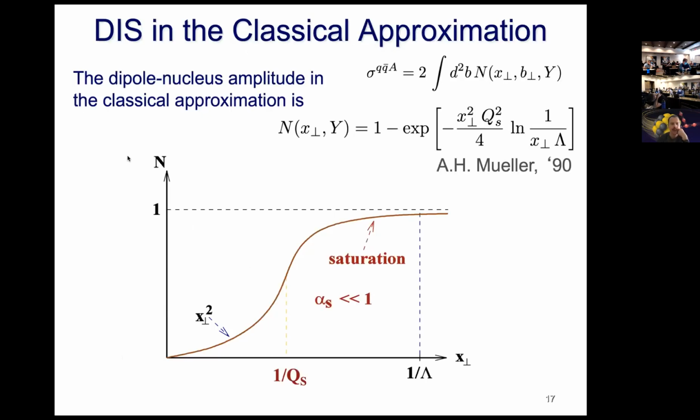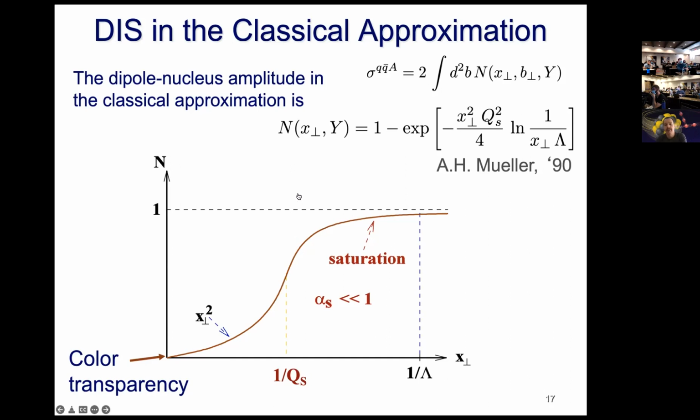Yeah, okay. So this property is called color transparency. When we have a very small probe going through a target, it just barely interacts with the target, or ultimately when the size is 0, it doesn't interact with the target. Now, if we go in the opposite direction, if we increase the size of the dipole, the interaction gets stronger and stronger, and that's why naturally you see this curve grows as x perp squared.